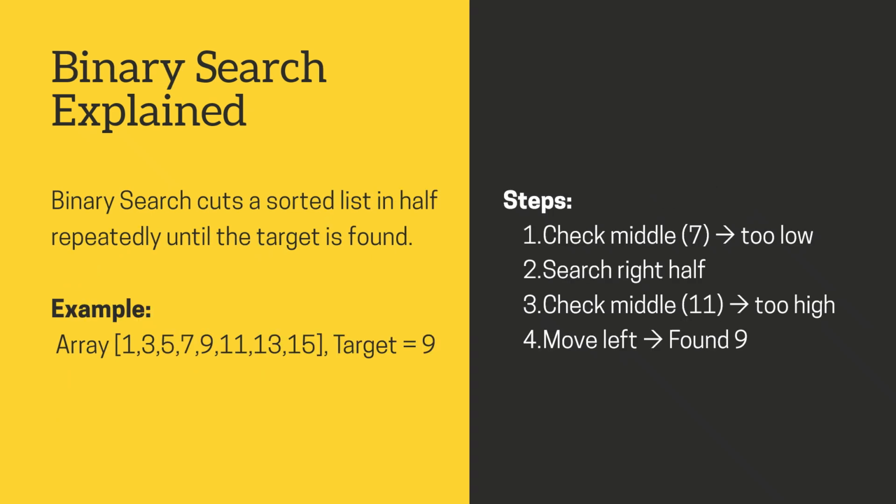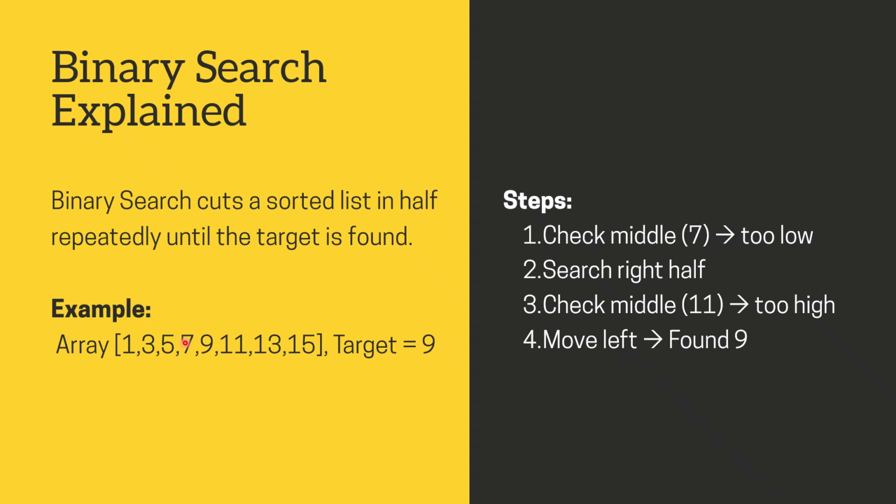Now, binary search, this is much faster, but it only works if your list is already sorted. Binary search divides the list in half each time until it finds the target. So for example, we've got this array of numbers, and we're searching for the number 9. It's going to check the middle, which is 7.